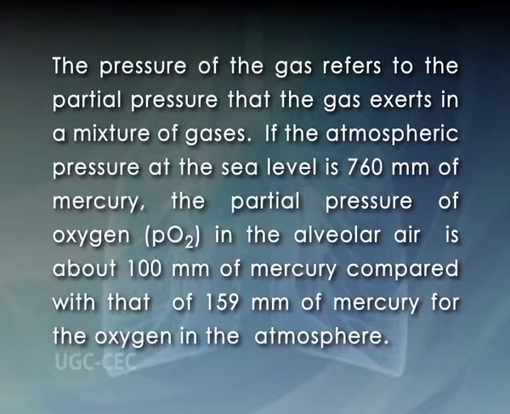If the atmospheric pressure at sea level is 760 mm of mercury, the partial pressure of oxygen (PO2) in the alveolar air is about 100 mm of mercury, compared with 159 mm of mercury for the oxygen in the atmosphere.